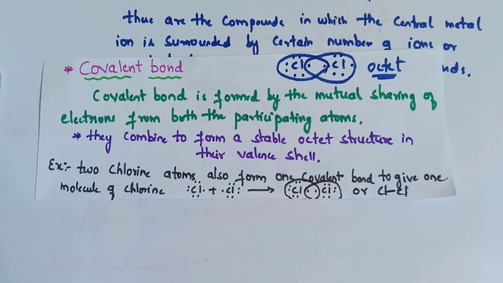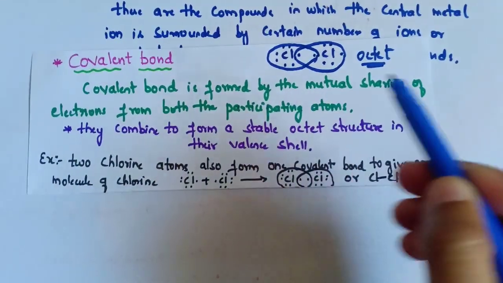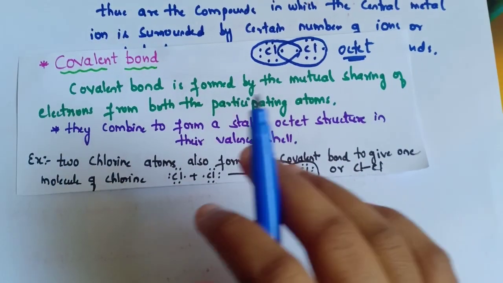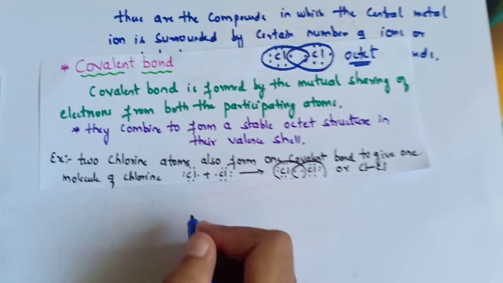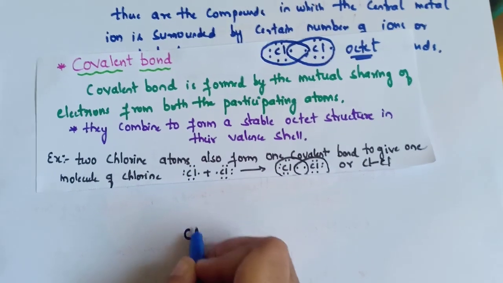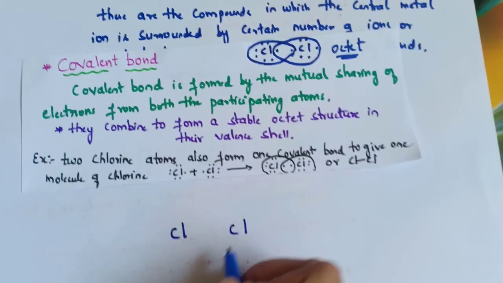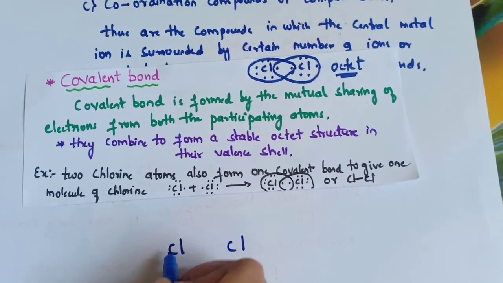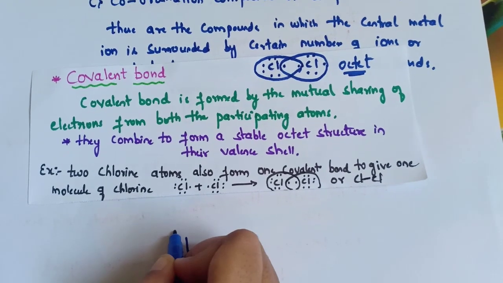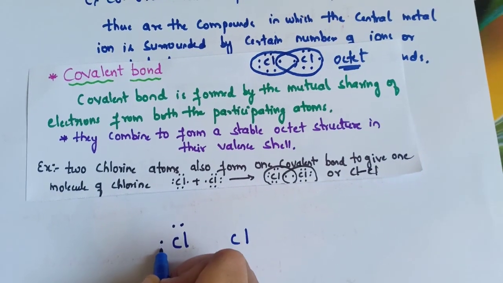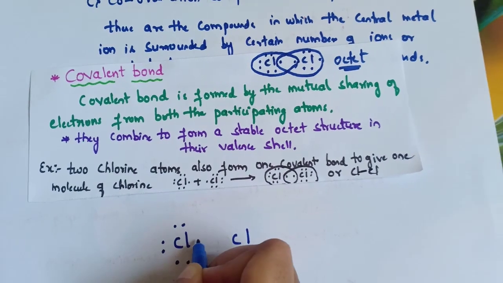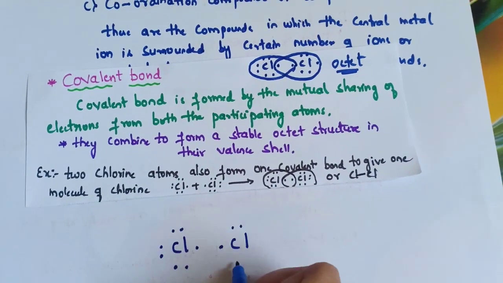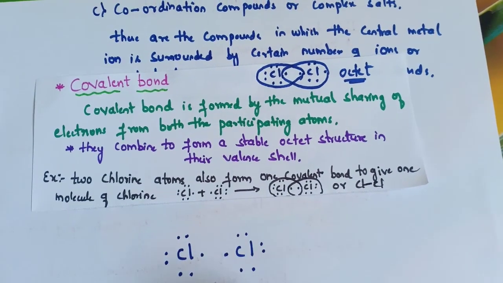Now we can study the covalent bond. A covalent bond is formed by the mutual sharing of electrons from both the participating atoms. Let us consider the example of chlorine atoms forming a chlorine molecule. Here chlorine has 7 electrons in its valence shell, and the other chlorine also contains 7 electrons in its valence shell.